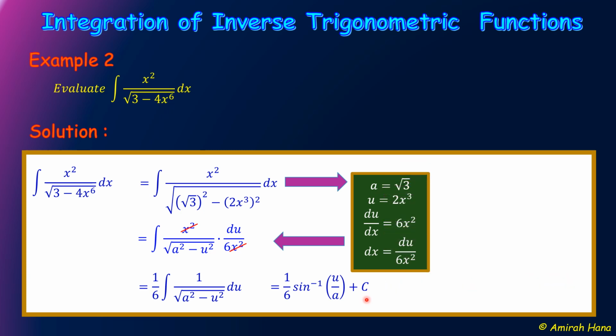So we still have 1 over 6, and after we integrate, the answer equals inverse sine u over a plus c. Finally, we replace u equals 2x cubed and a equals 3. So the final answer equals 1 over 6 inverse sine 2x cubed over 3 plus c. This is the final answer when we integrate x squared over square root of 3 squared minus 4x to the power of 6 dx.